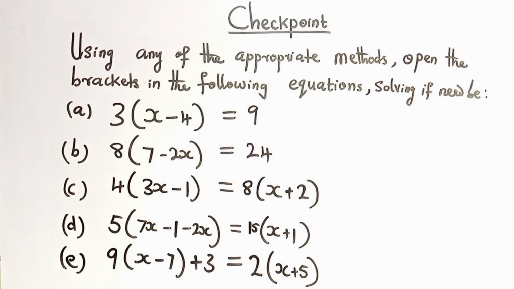So the better thing is to apply the second or alternative method of opening the bracket by using this coefficient 4 to open this bracket and using 8 to open this bracket, and then using 5 to open this bracket and 15 to open this bracket, 9 to open this one and 2 to open this one. It will be required that after opening the brackets, you will collect like terms if you insist on solving the equation to the final point.